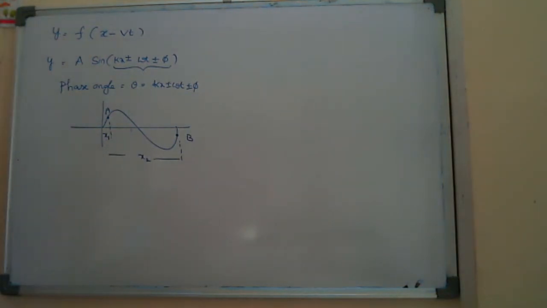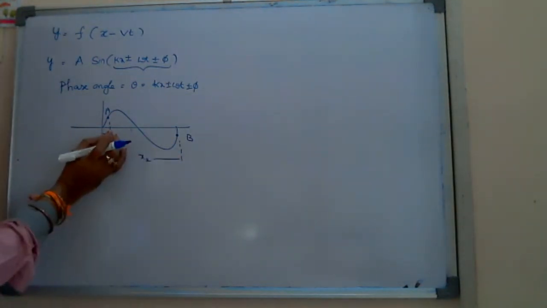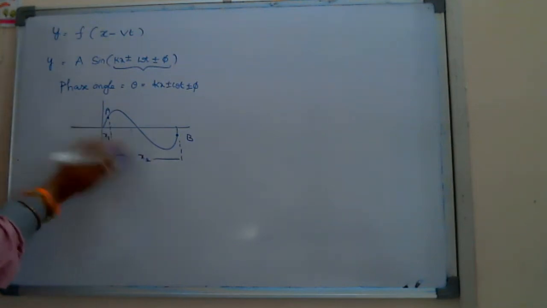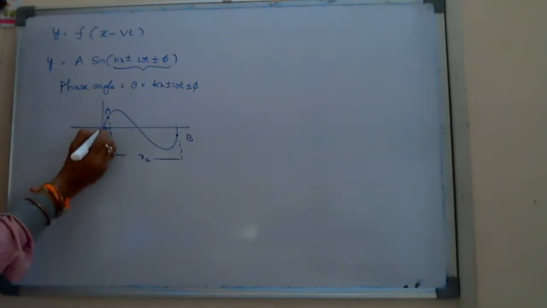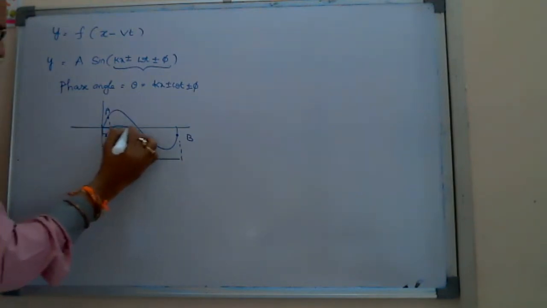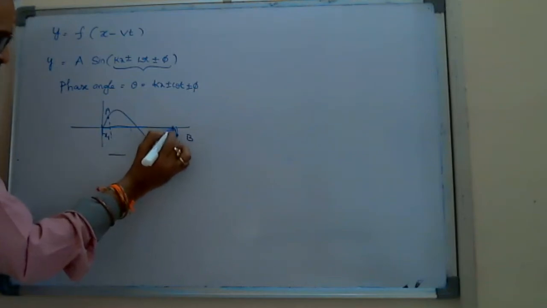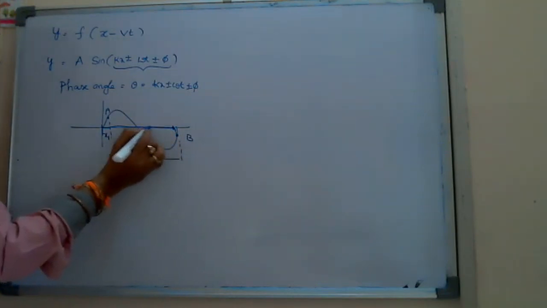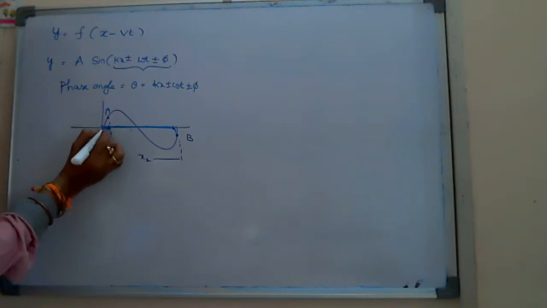Between these two, if you take x2 minus x1, that will give the path difference. It is the path length along the x-axis. This whole length is x2 and this part of the length is x1.